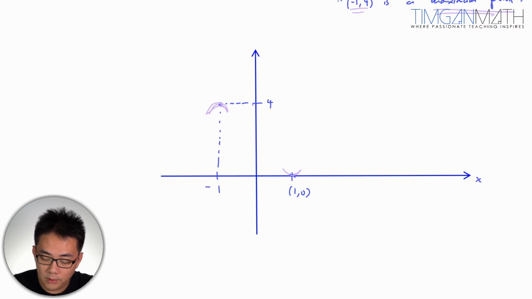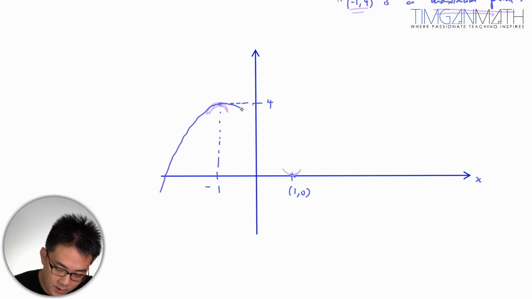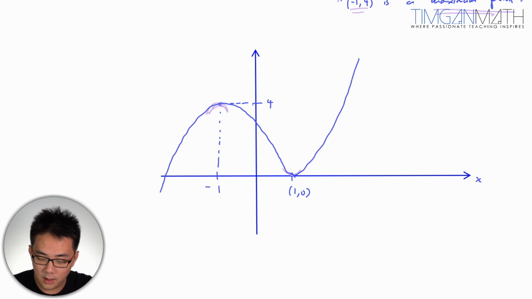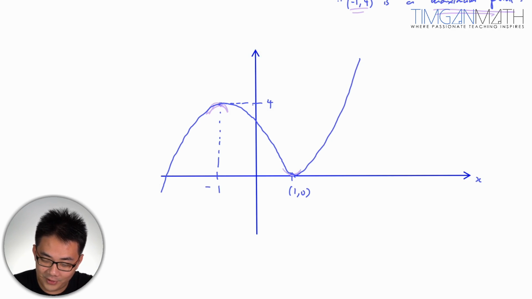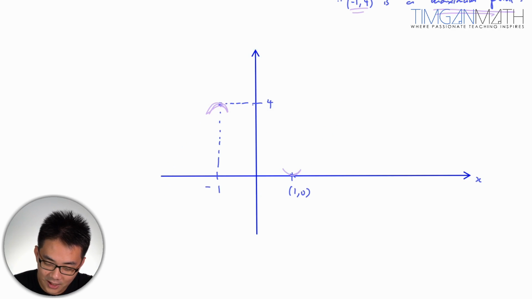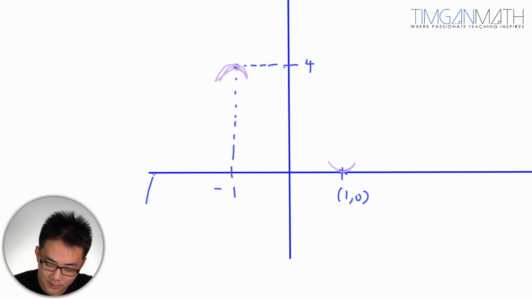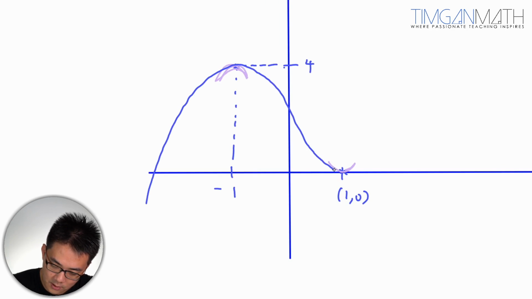What we're going to do is just connect it. Obviously this is a cubic curve, an S shape here. So I'm just going to go up, come down, touch the other side and go up. That's how we do this part proficiently. Let's try again: go up here, come down, go up.